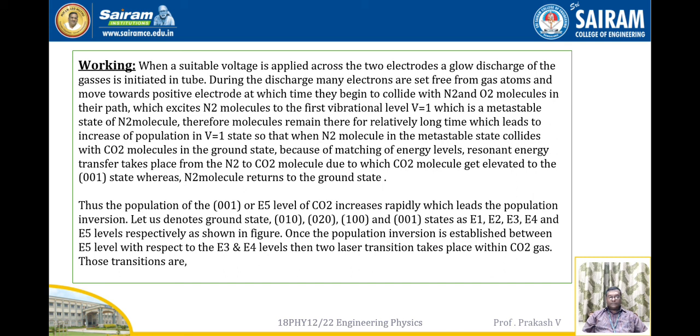During the discharge many electrons are set free from gas atoms and move towards the positive electrode, at which time they begin to collide with nitrogen and oxygen molecules in their path, which excites nitrogen molecules to the first vibrational level, which is a metastable state of the nitrogen molecule. Therefore, molecules remain there for a relatively long time, which leads to an increase of population.